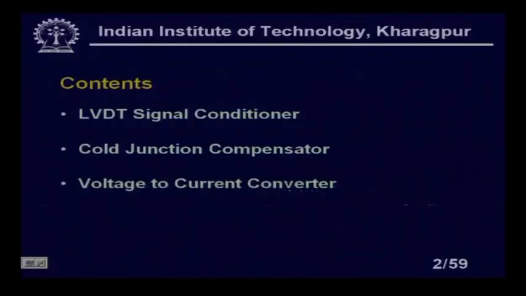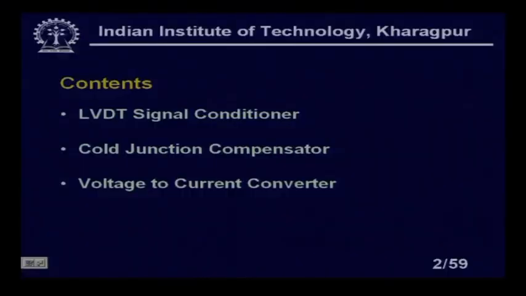And thirdly, we will consider the voltage to current converter. In many situations, we need to convert a voltage of 0 to 5 volt or 0 to 10 volt to 4 to 20 milliampere or 0 to 20 milliampere. As I told you several times, industry always needs 4 to 20 milliampere signal currents.